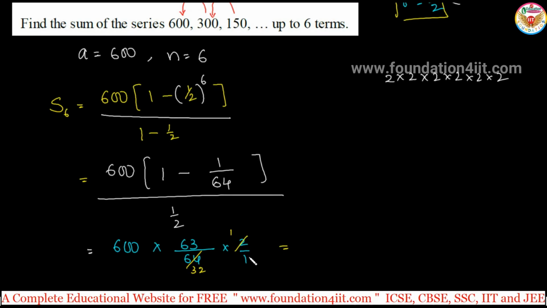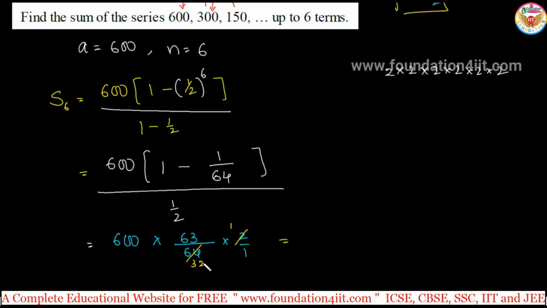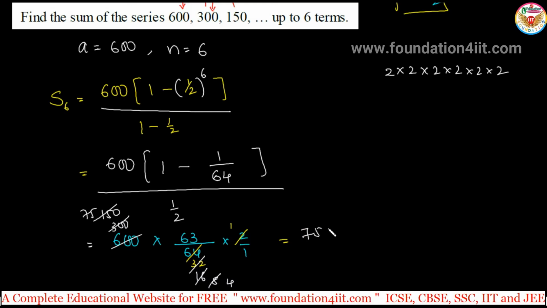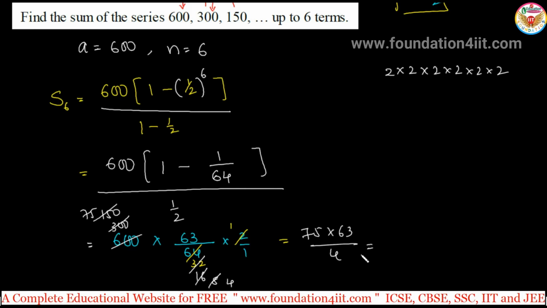Simplify more with cancellations, easy calculations you can do. 8 times 75 cancelling, again it is 4, 75. So 75 into 63 divided by 4. Just multiply and divide by 4, you'll get the sum of the series up to 6 terms.